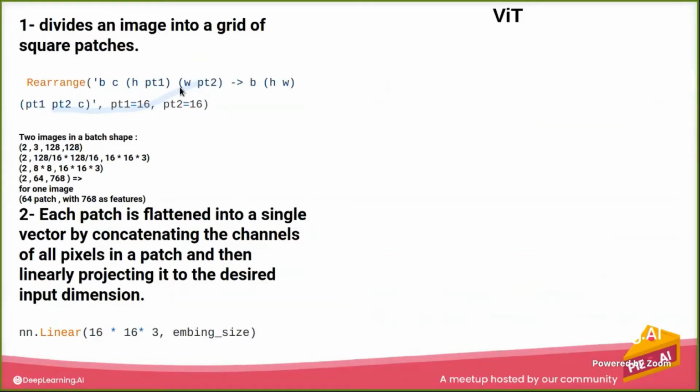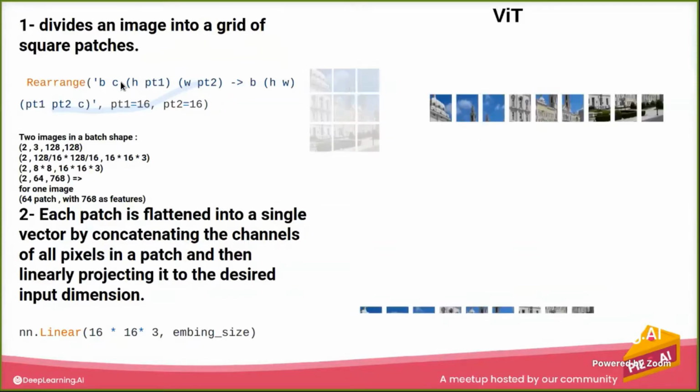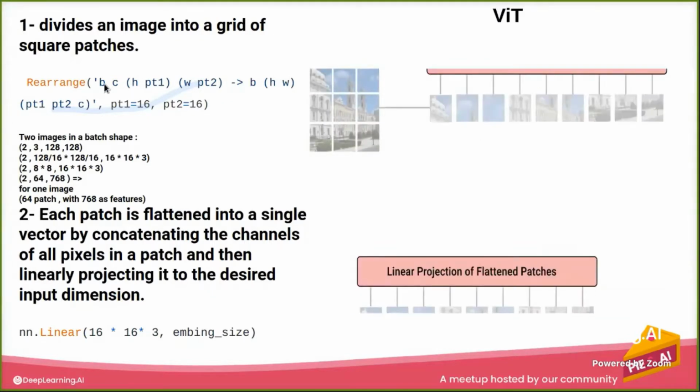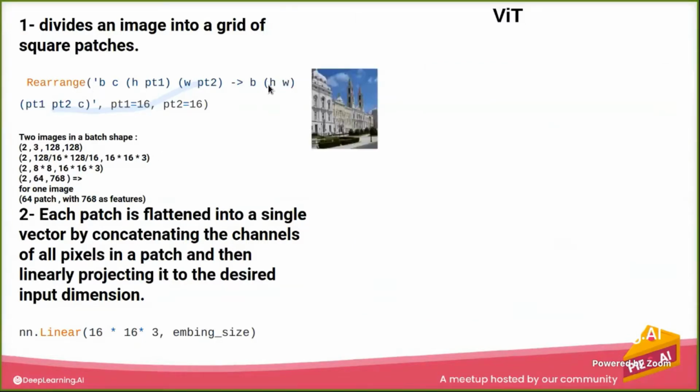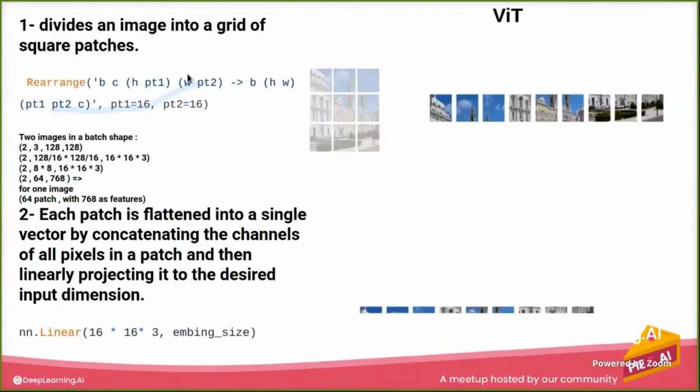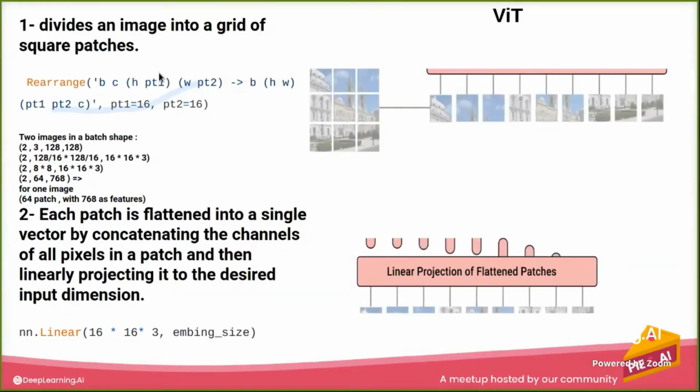So I want you, because this and this and this, I don't know and I don't want to know, just to change its shape to be the batch size, given this, and taking the multiple of height and width, and it will take this W and this H, and the last size will be BT1 multiplied by BT2 and multiplied by color channel. So it will do the magic work.